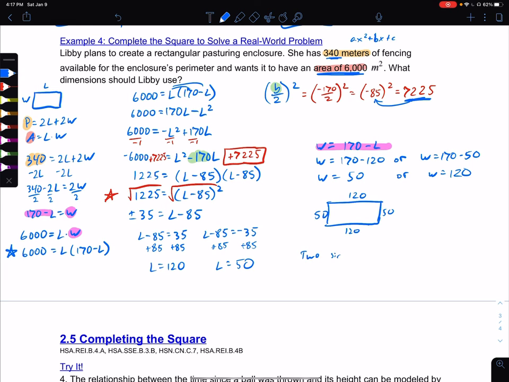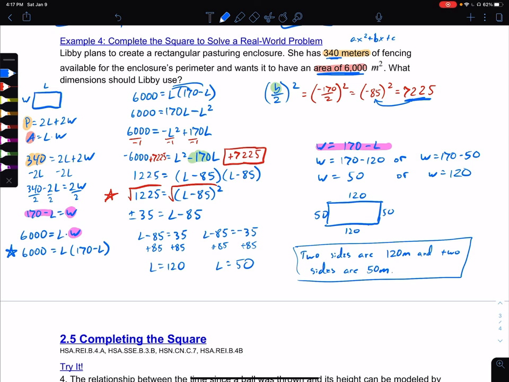So two sides are 120 meters and two sides are 50 meters. There we go. That'll be the solution. Again, not the prettiest problem in the world. Definitely not something that we are looking forward to on a regular basis.